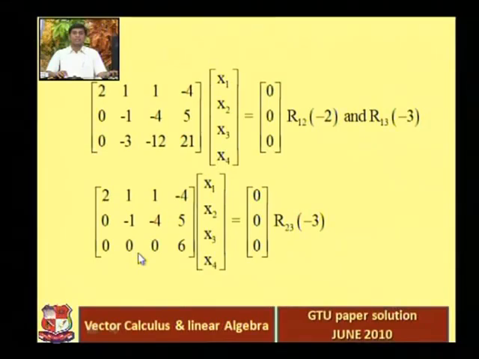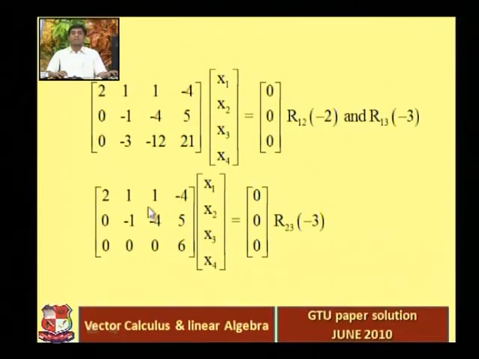Minus 3 plus 3 you will get 0, minus 12 plus 12, because minus 12 plus minus 4 into minus 3, that is also 0, and 21 minus 5 into 3, that is 15. So 21 minus 15 you will get 6. So the third row becomes 0, 0, 0, 6. The first and second rows are as they are.